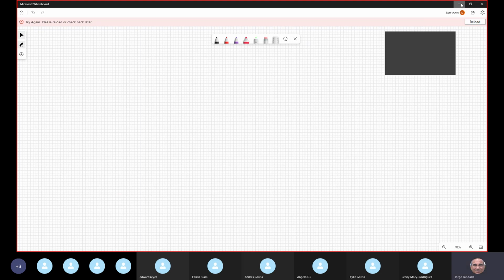Snipping tool again. Save. Page 4. Cool. One more. Page 5.